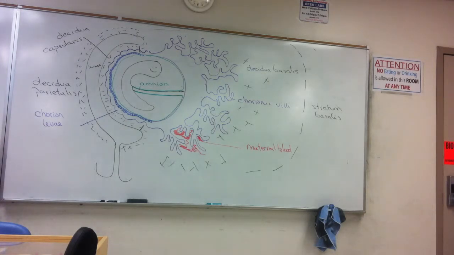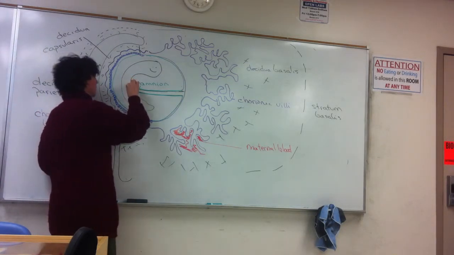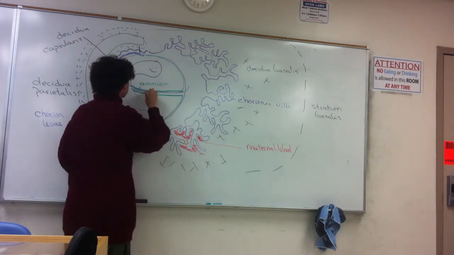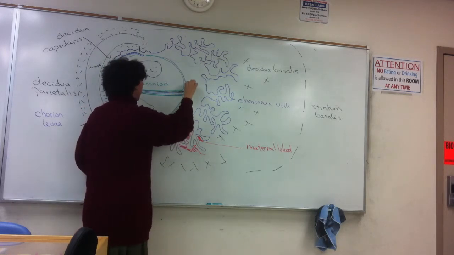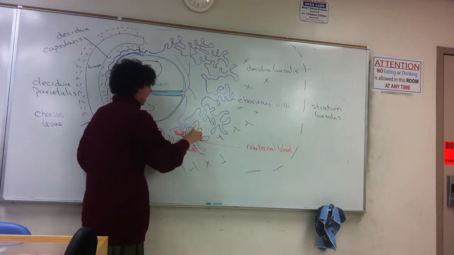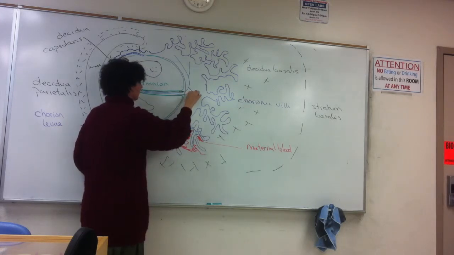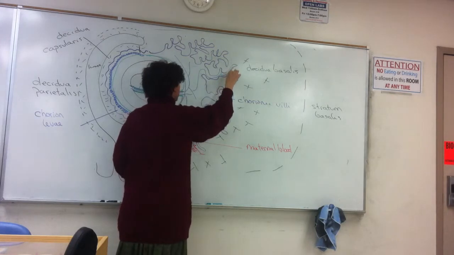Now, the baby needs oxygen and nutrients, and it needs to give off carbon dioxide and waste material. So 2 vessels are going to leave the baby via the umbilical cord, carrying the oxygenated blood, and travel across the surface of the placenta and send branches down into the chorionic villi, forming capillaries, fetal capillaries.